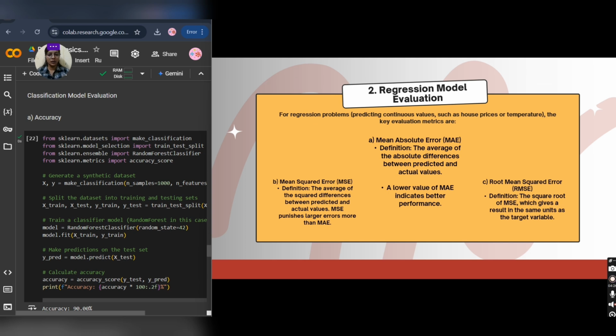Now, regression model evaluation. For regression problems, predicting continuous values such as house prices or temperature, the key evaluation metrics are mean squared error, mean absolute error, and root mean squared error.